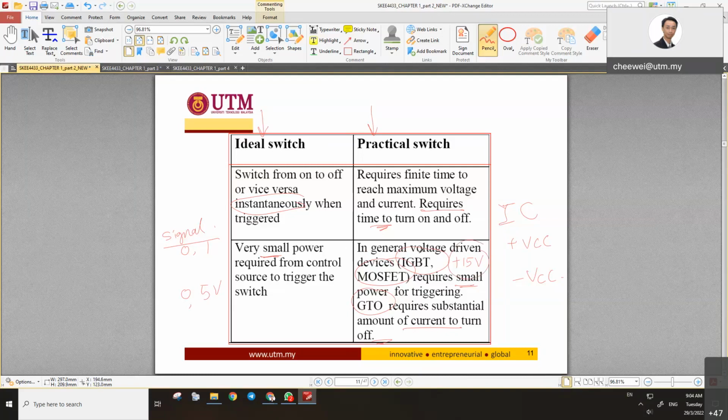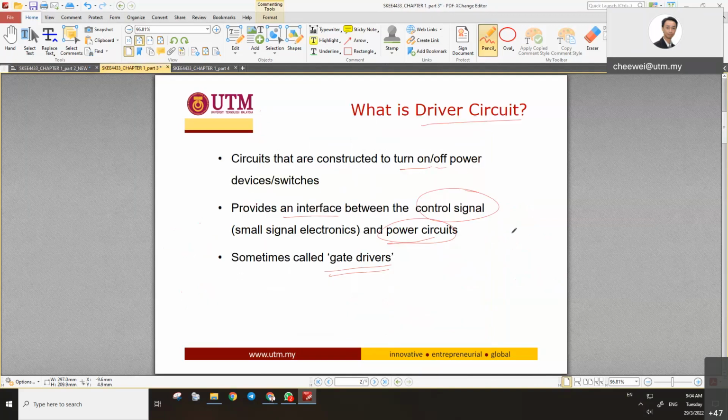So in general, the voltage-driven practical switches require a substantial amount of current and voltage to turn on and to turn off. That is the requirement.